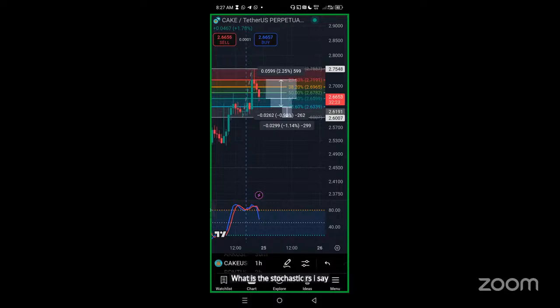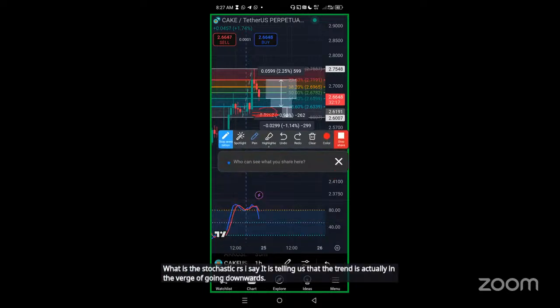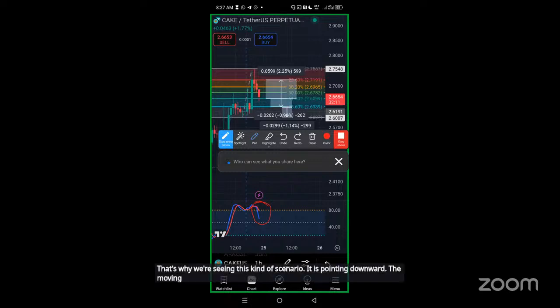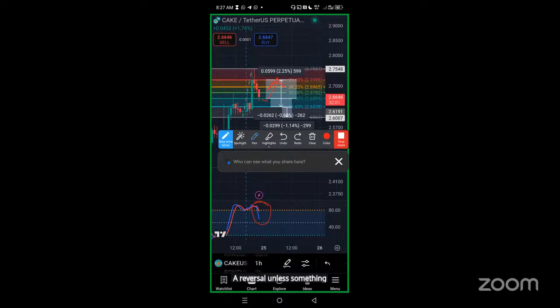It is telling us that the trend is actually on the verge of going downwards. That's why we're seeing this kind of scenario. It is pointing downward. The moving averages on the stochastic RSI are pointing where? Downward. So it is telling you there's a likelihood that this price here may not be a reversal, unless something happens. It may be a downtrend.